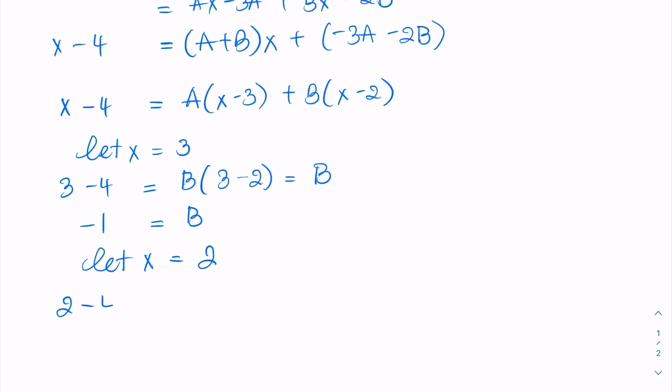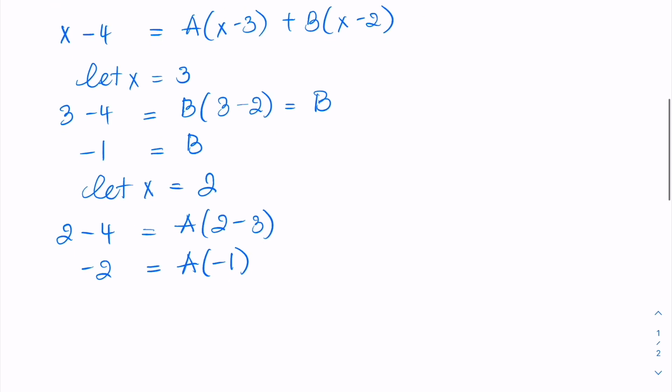So I have 2 minus 4, and then we have A times 2 minus 3, and then B cancels out. So over here, we have negative 2 equals A times negative 1. So A is 2.